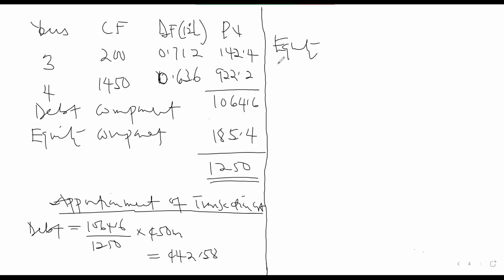Equity will be 185.4 divided by 1250 times 50. 7.40. So what will be the impact of this one?